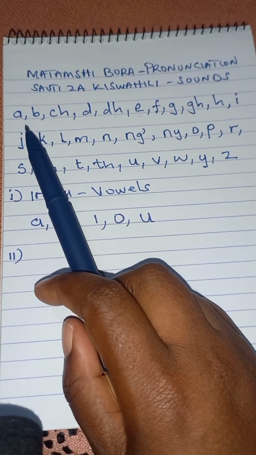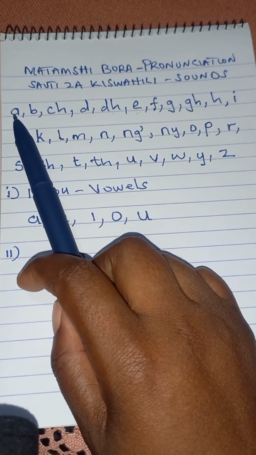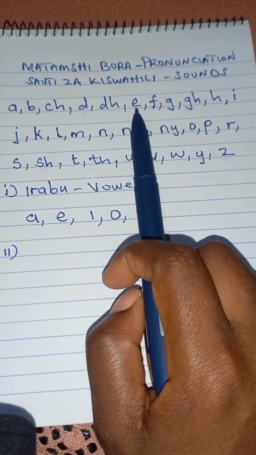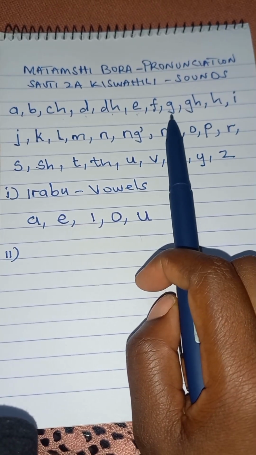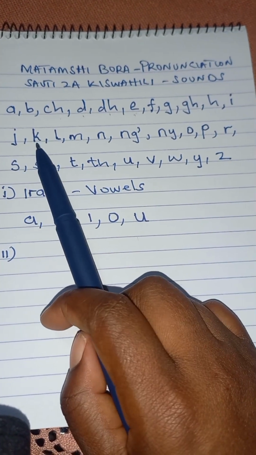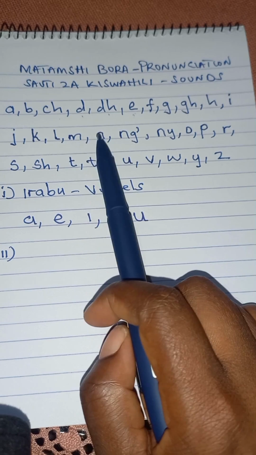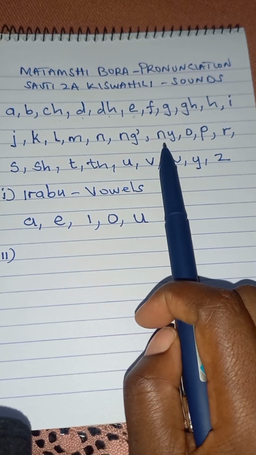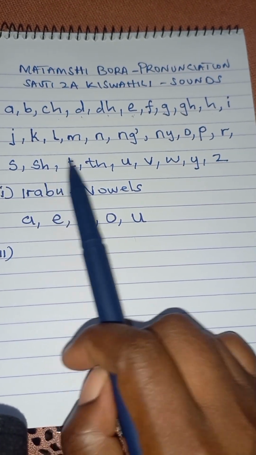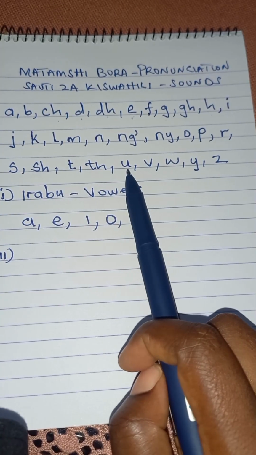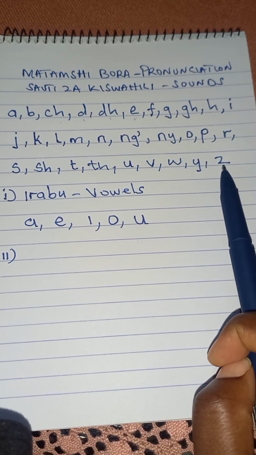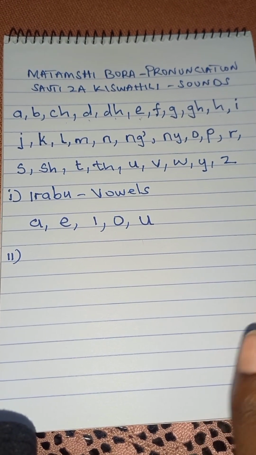So we have A, B, Ch, D, D, E, F, G, R, H, I, J, K, L, M, N, Ng, N, O, P, R, S, Sh, T, T, U, V, W, Y, Z. So that is how you pronounce them in Kiswahili.